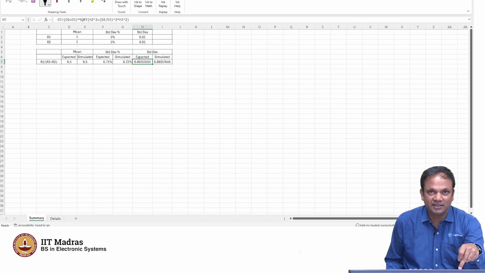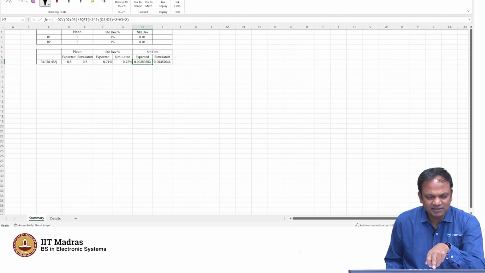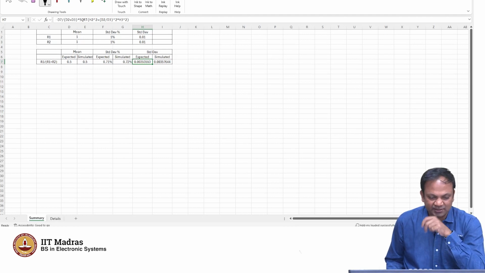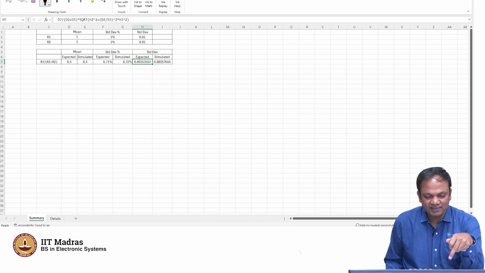So D2 plus D3 in the cell here is R1 plus R2, times the square root of H2 squared, which is the standard deviation of R1 squared, plus D2 by D3, which is R1 by R2 squared, times H3 squared, which is the standard deviation of R2 squared. So whatever formula we derived is what I have entered under the expected value.